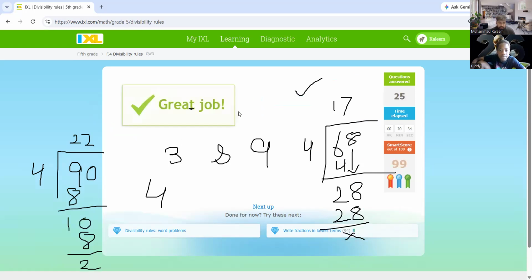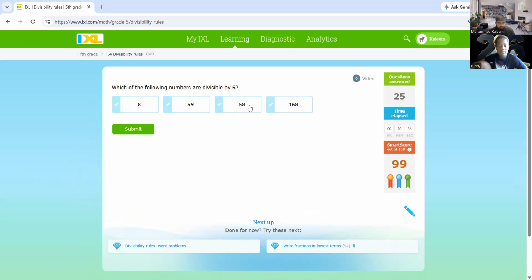40 is obviously divisible. Okay, for 6: obviously not, because it's not divisible by 3. This one, yes. Yes, it is divisible by 2. It is divisible by 3.